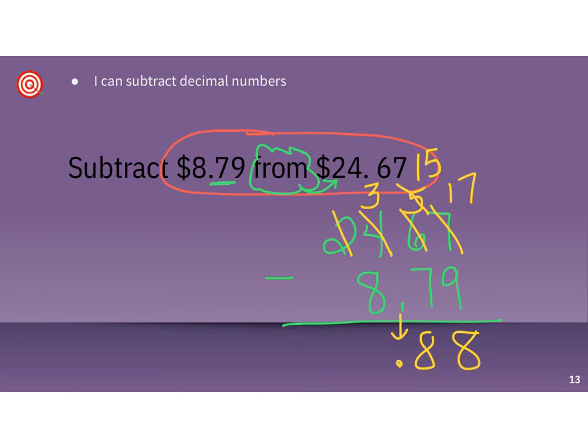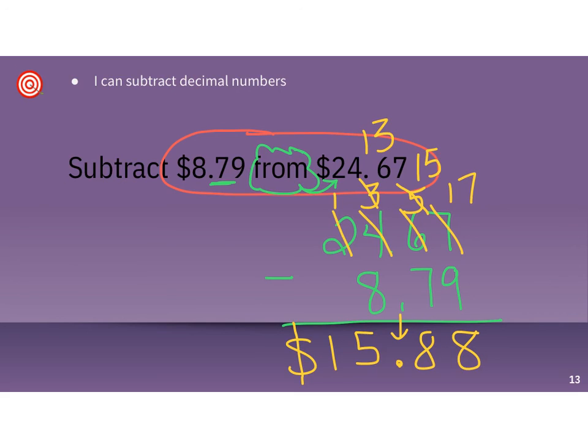I need to regroup again. So now I have 13 ones. 13 minus 8 is 5. And 1 minus nothing, 1. So that problem involved a lot of regrouping.